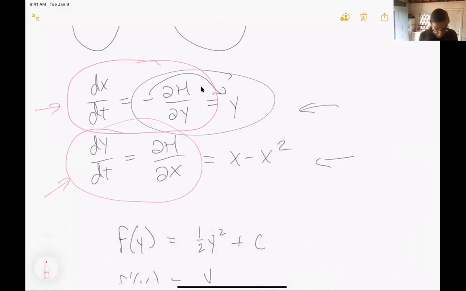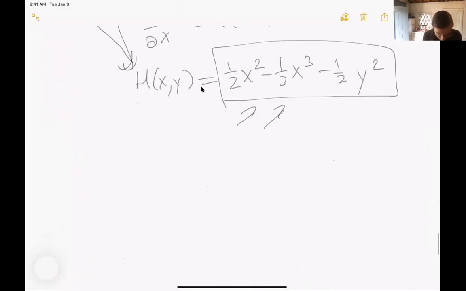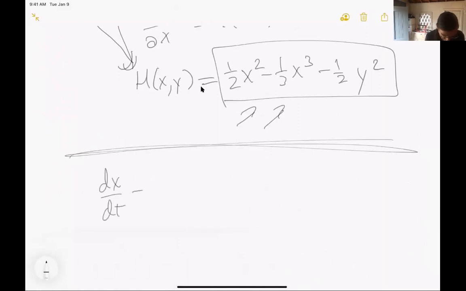Let's go a little bit deeper. Let's think a little bit more. Right? If I have a Hamiltonian system, it means that the dx dt function is the negative of partial h with respect to y, and the dy dt function is partial h with respect to x.